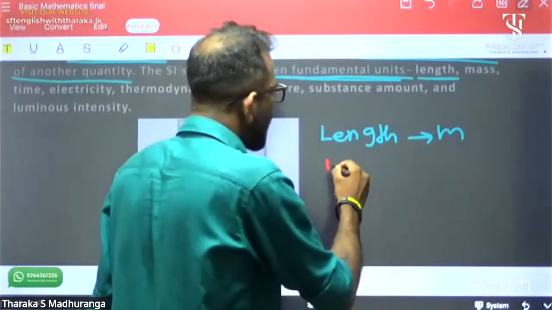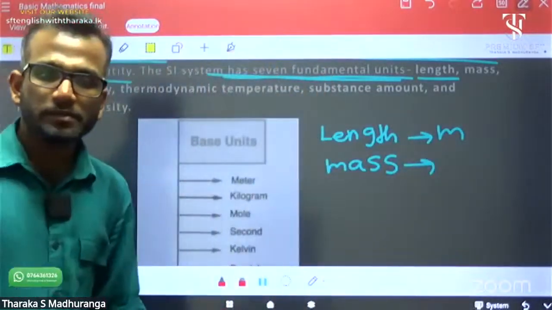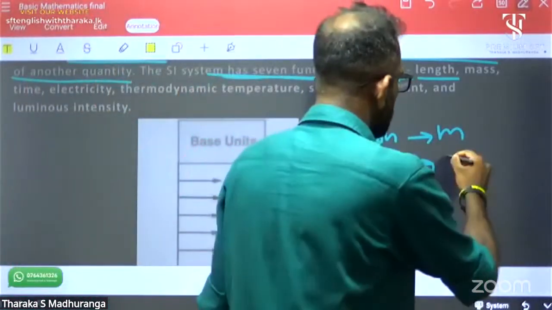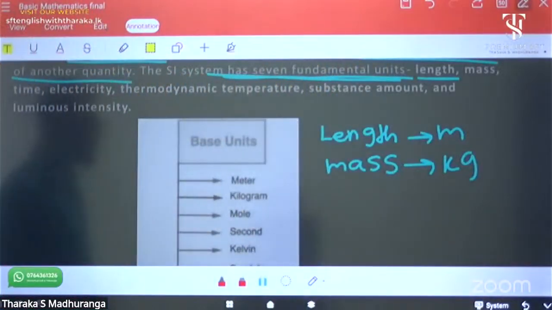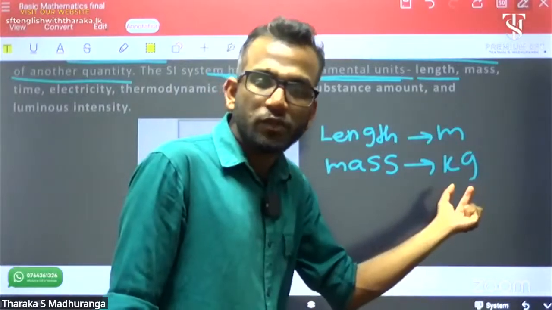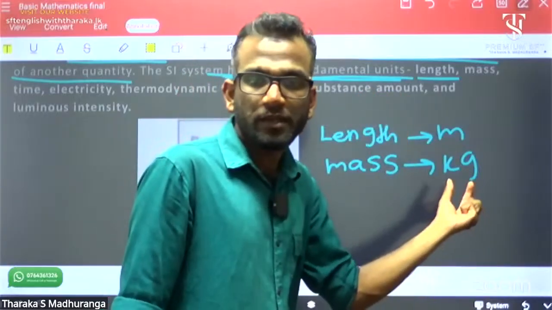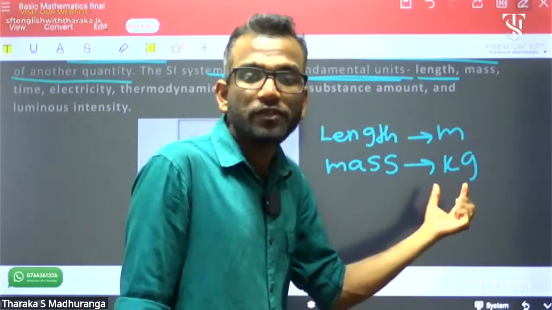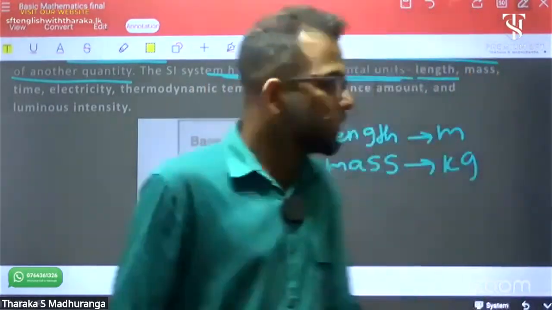Okay, mass is also a base quantity. What's the standard unit of mass? Kilogram, very good. Kilogram is the base SI unit. Why can't we define it by another quantity? That's the meaning.